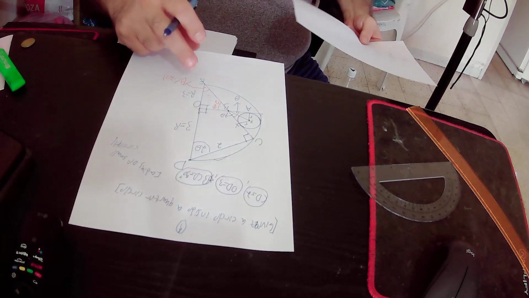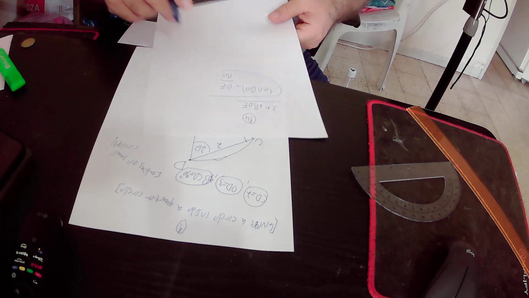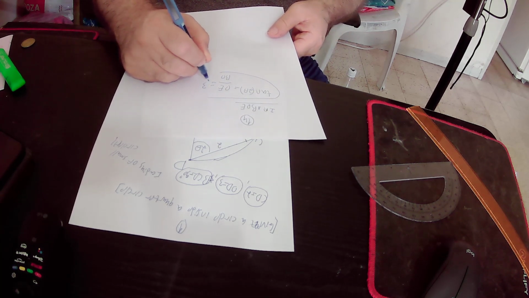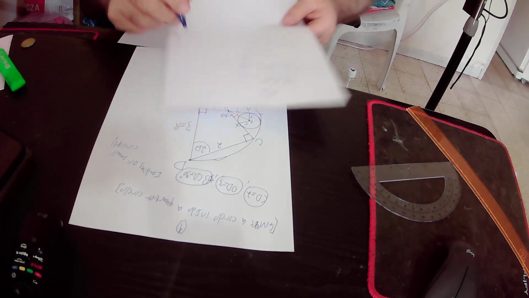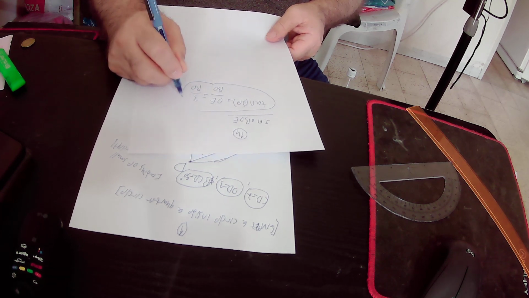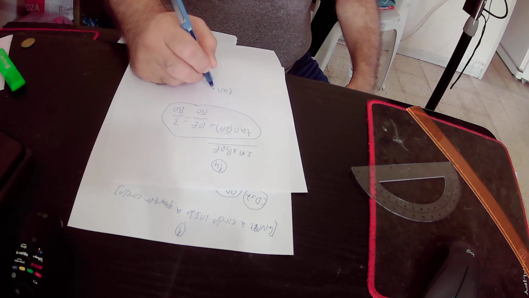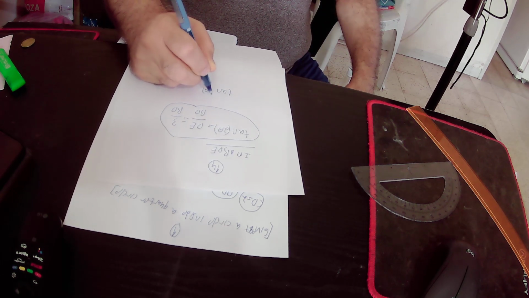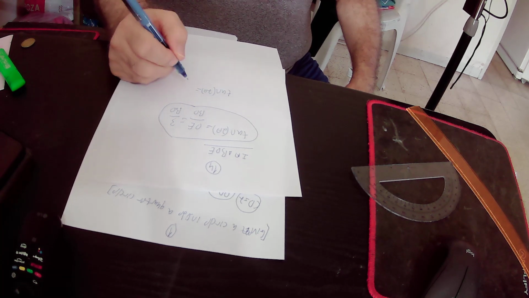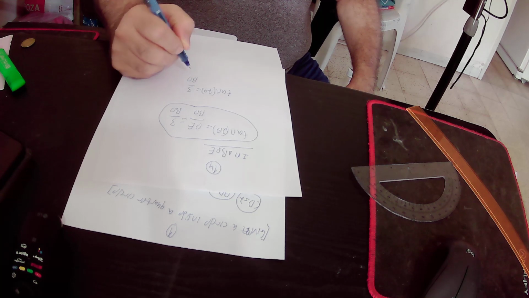But we know that OE is the radius of the semicircle, that is 3 units, over BO. So actually tangent 2 theta equals 3 over BO.